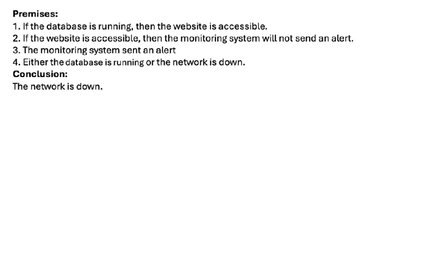Okay, let's do one last one. We've got database is running, website is accessible, the monitoring system sending an alert, running network. Okay, it looks like I need 4 things. So P will be database is running.